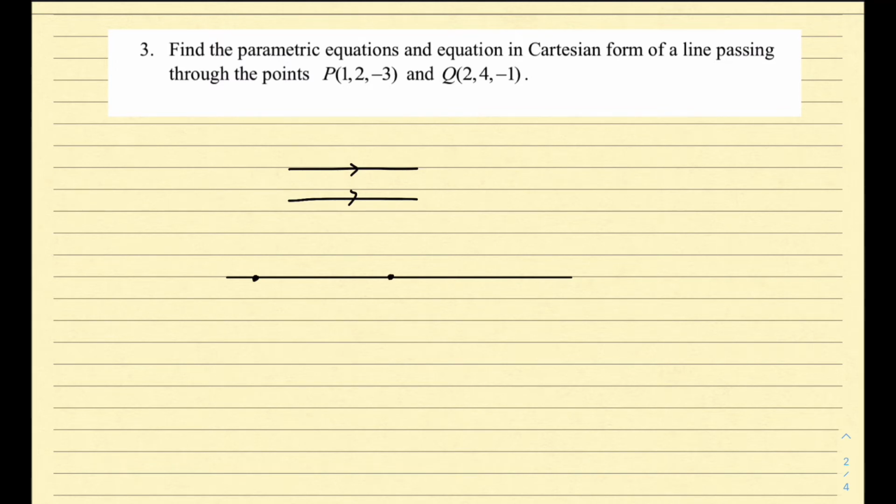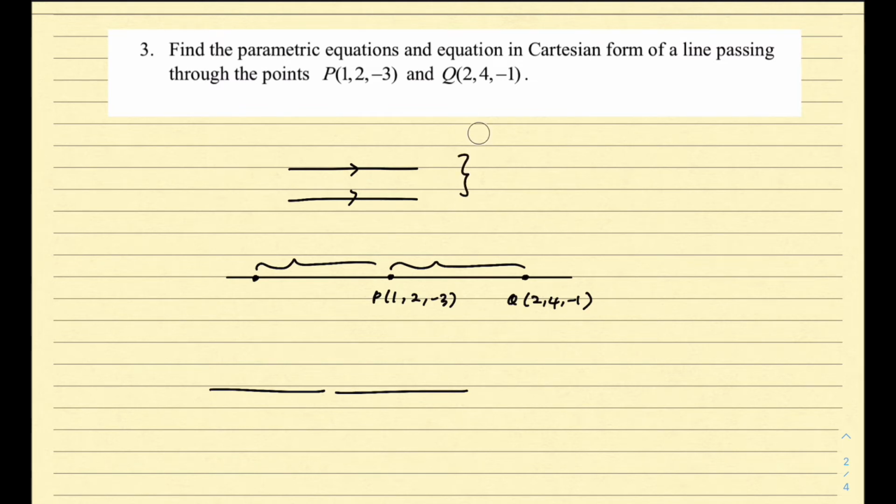Dan daripada sini, katakanlah sini point P, 1, 2, negative 3. And we have another point Q here, which is 2, 4, negative 1 katakan. We also can say that this line is parallel to this vector contohnya. Sebab dia selari lah. Satu baris, selari. Okay, so selari sama ada macam ni ataupun macam ni, both are called as parallel.